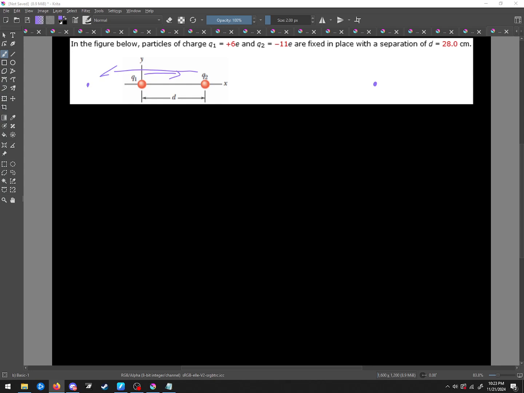First, let's find out what equation this is calling for. It's going to be V equals KQ over R, except this time we replace R with a distance D.